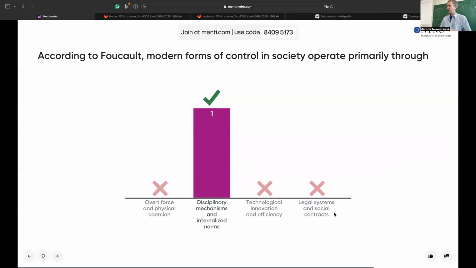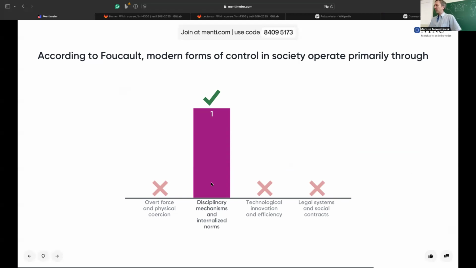Legal systems and social contracts are a mechanism for teaching us what to do and also correcting us if we violate, but it's not the reason why people do what they do, right? We don't follow the law because there is a law. We follow the law because we internalize that that's what we want.